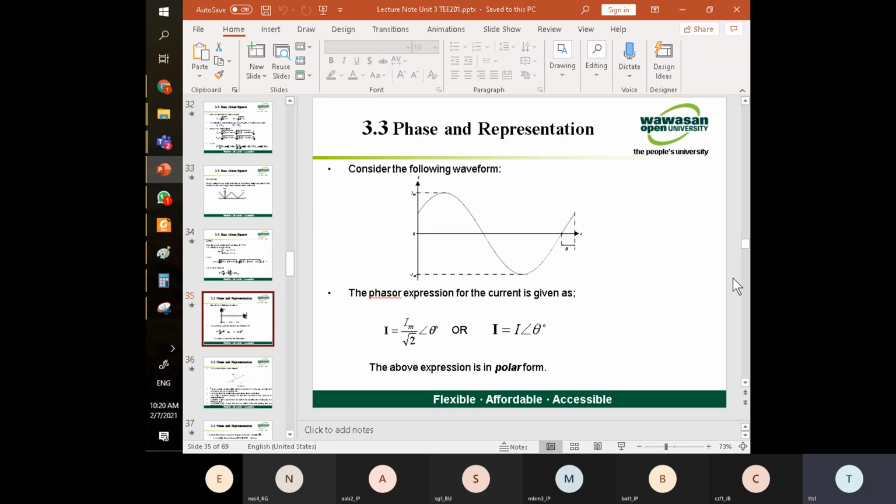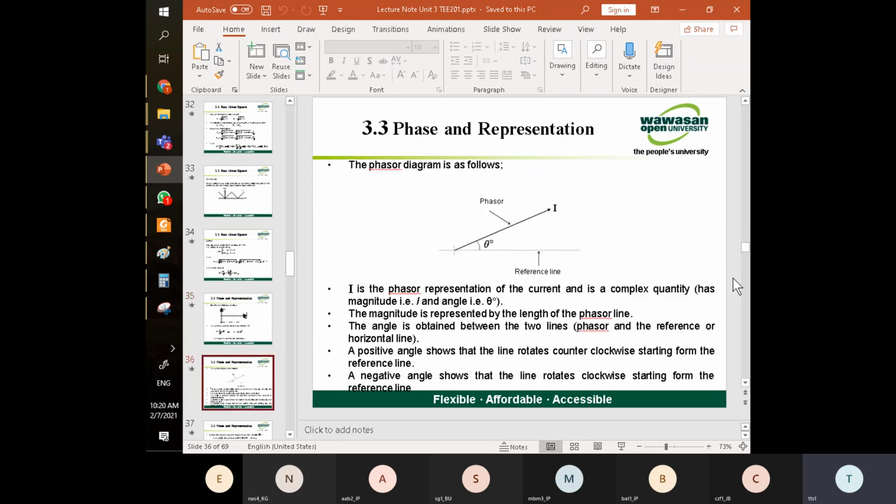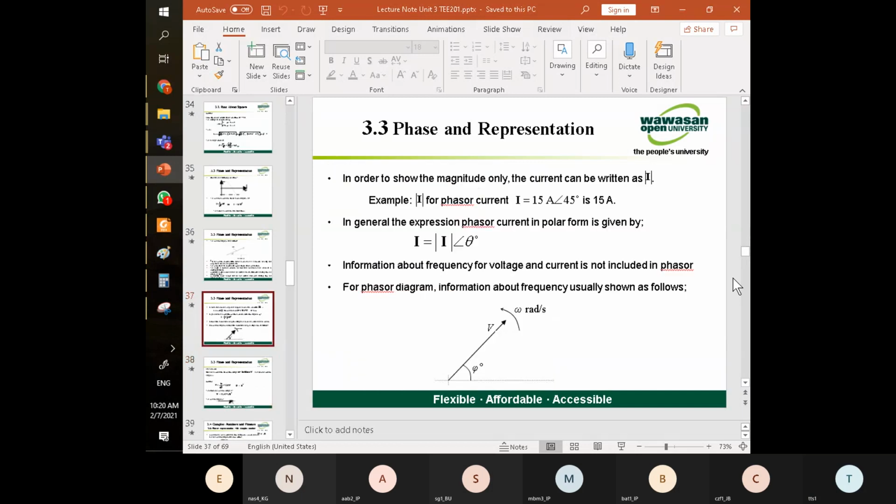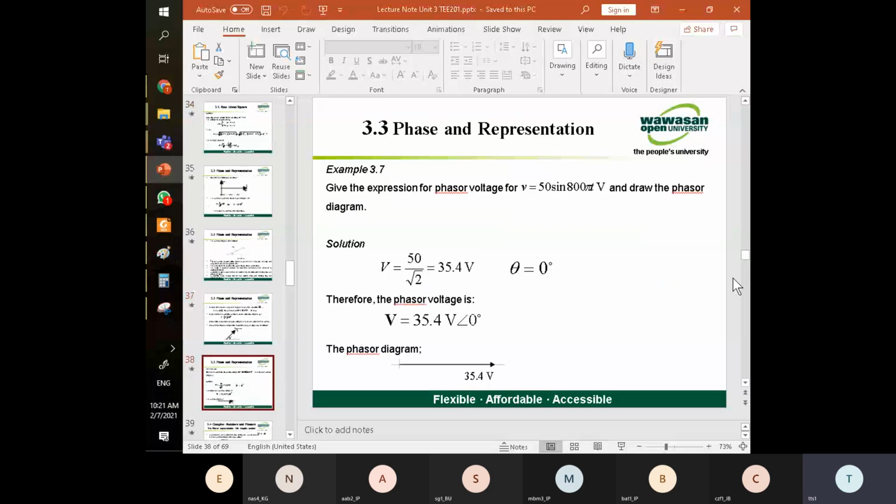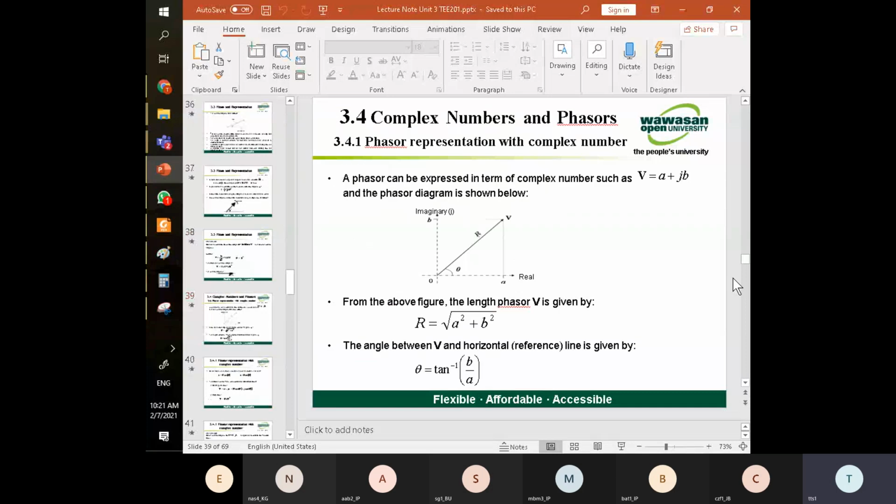All right, so the last topic here is the phasor. I think this is a new thing for many students. Why we need to learn about the phasor is because of the AC circuit.